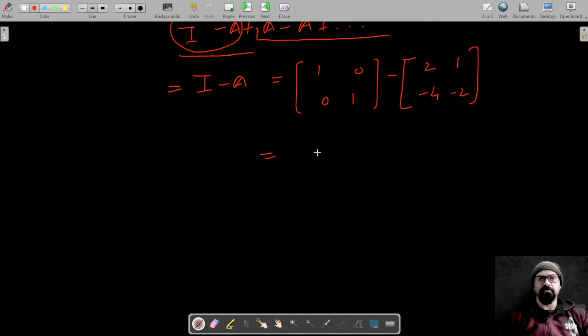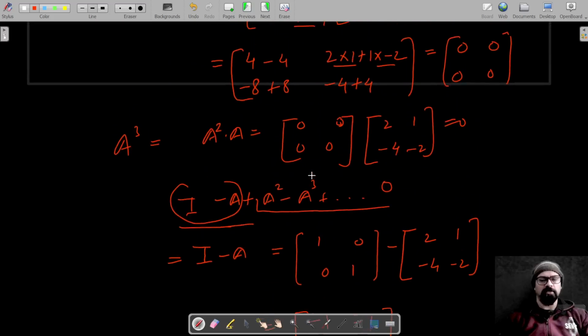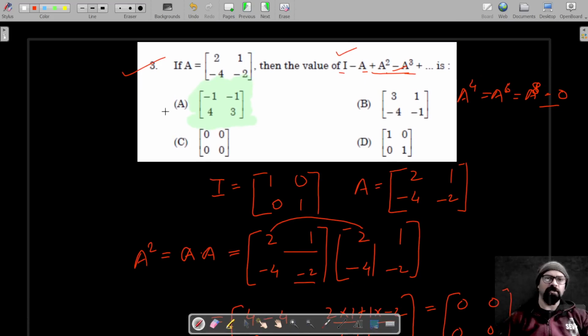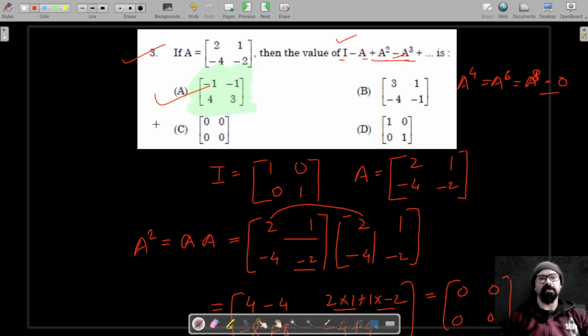Okay, so 1 minus 2 is negative 1, 0 minus 1 is negative 1, 0 minus of minus 4 is 4, 1 minus of minus 2 is 3. So this is negative 1, negative 1, 4, 3. A is the correct option for question number 3.